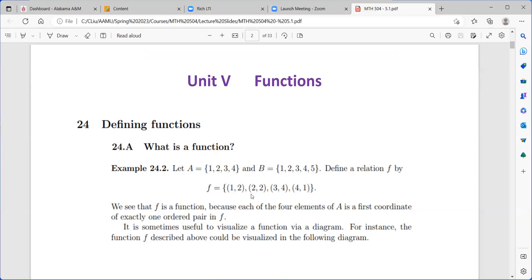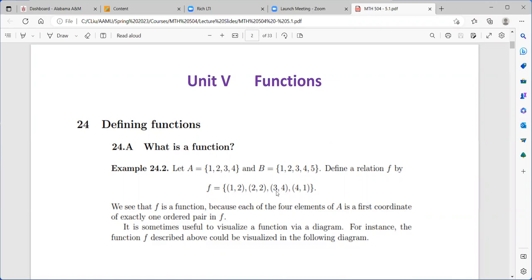That f is a function because each of the four elements of A, 1, 2, 3, 4, is the first coordinate of exactly one ordered pair in f. So no number in set A appears multiple times in the pairs.